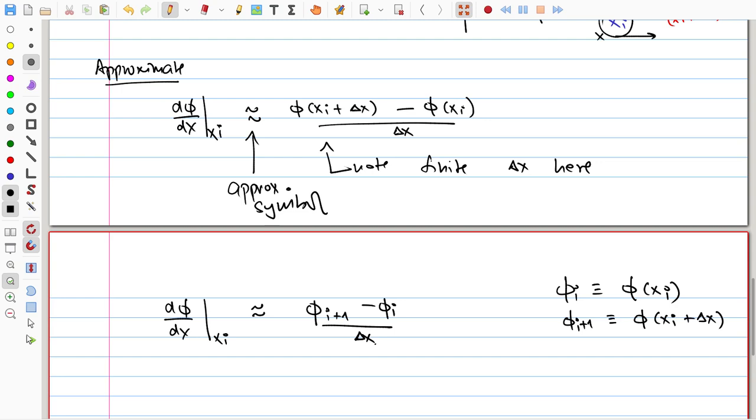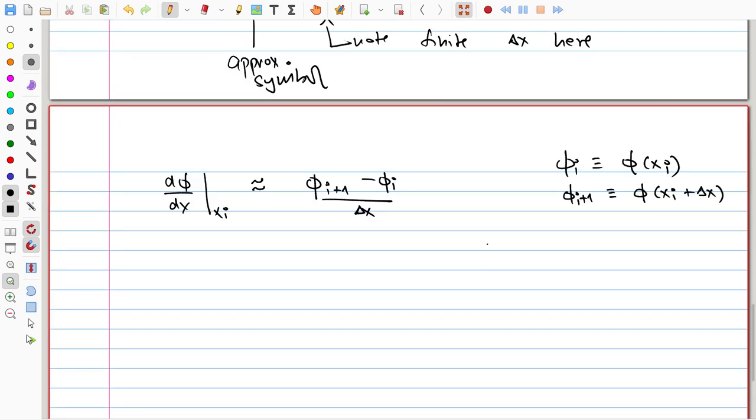Now, if I want to be specific about the different points on the grid, so this is again drawing phi versus x. So, you have a point, let us say here, which is x1, then you have x2, then you have x3, and these x1, x2, x3, x4 are coming from the grid, the nodes, okay? Because it is a 1D situation. So, rather than solving for all x values, we are solving only for these discrete values.